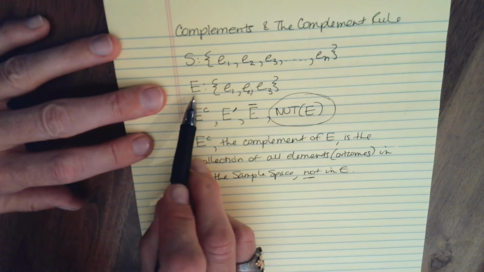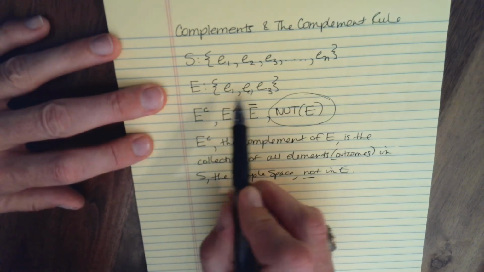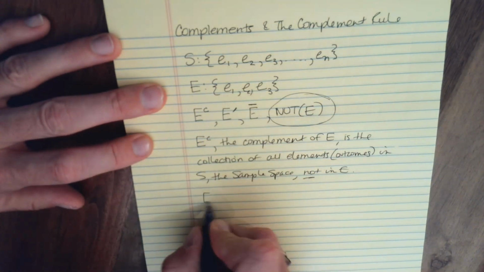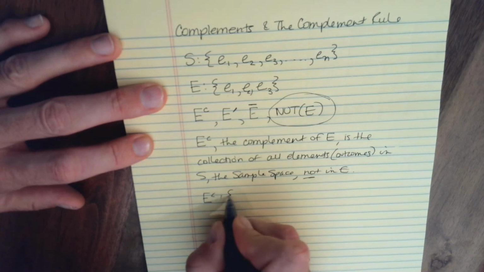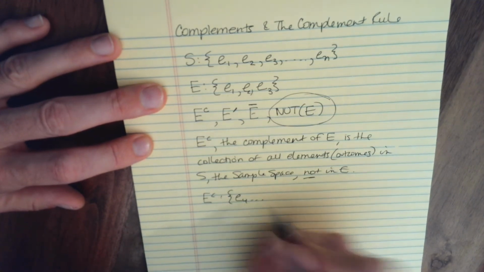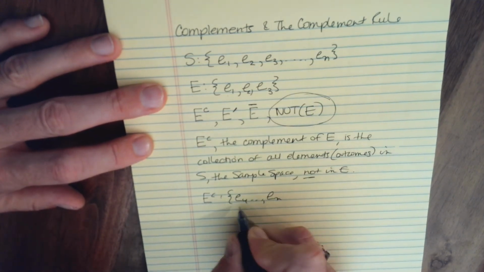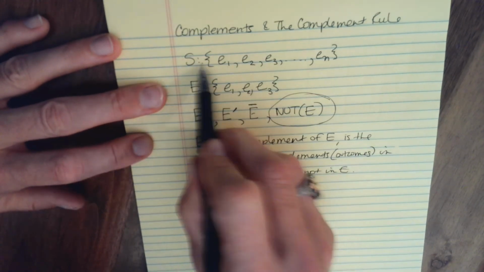So if my event E was defined as E1, 2, and 3, then in this case E's complement would be the set of E4 through En, if this was my sample space.